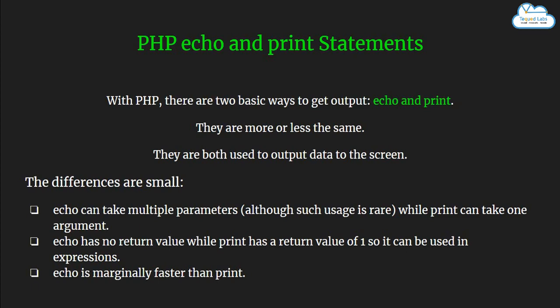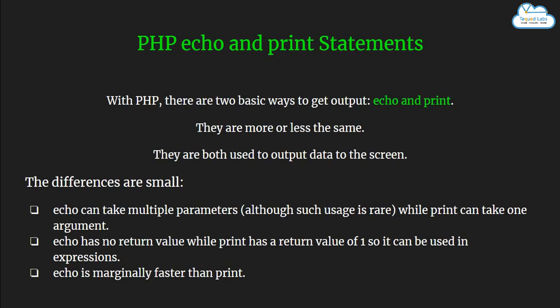Echo can take multiple parameters, although such usage is rare, while print can take only one argument. It cannot take multiple parameters, but echo can. Echo has no return value, while print has a return value of 1.